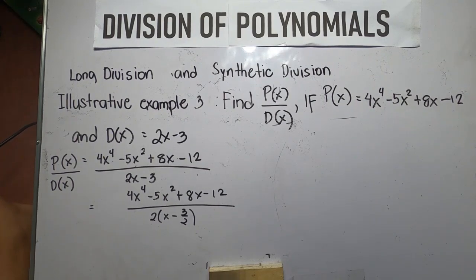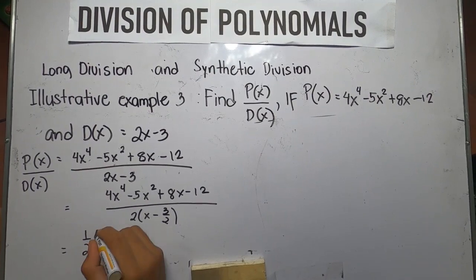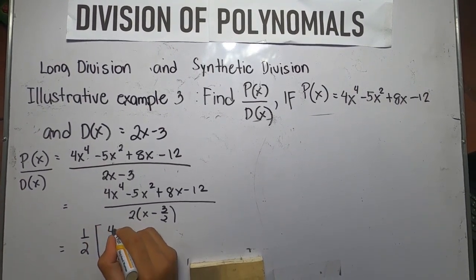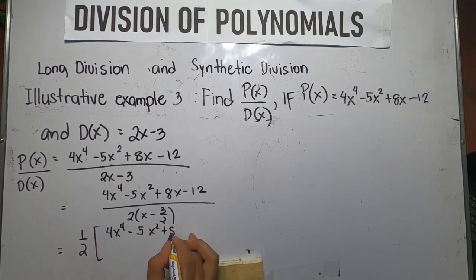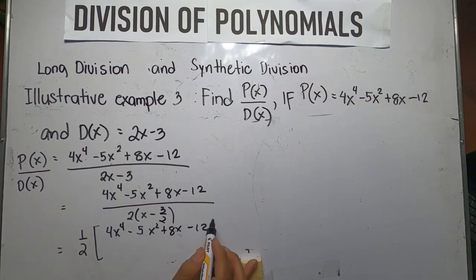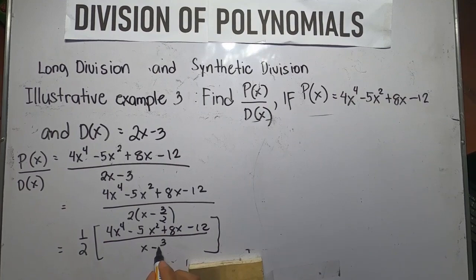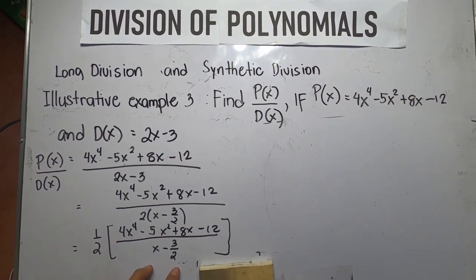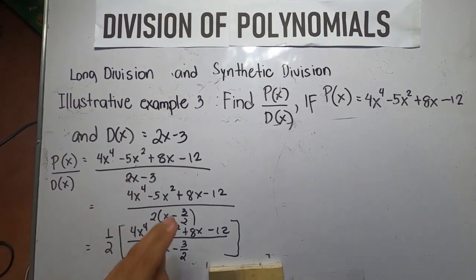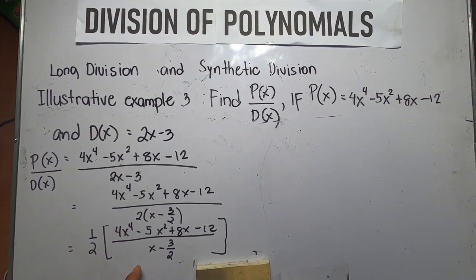We will write this factor of 2 to the outside so that the whole expression will be equal to 1/2 multiplied by 4x raised to 4 minus 5x squared plus 8x minus 12 divided by x minus 3/2. So by doing such, we have now rewritten the whole expression with a linear divisor whose leading coefficient is 1.